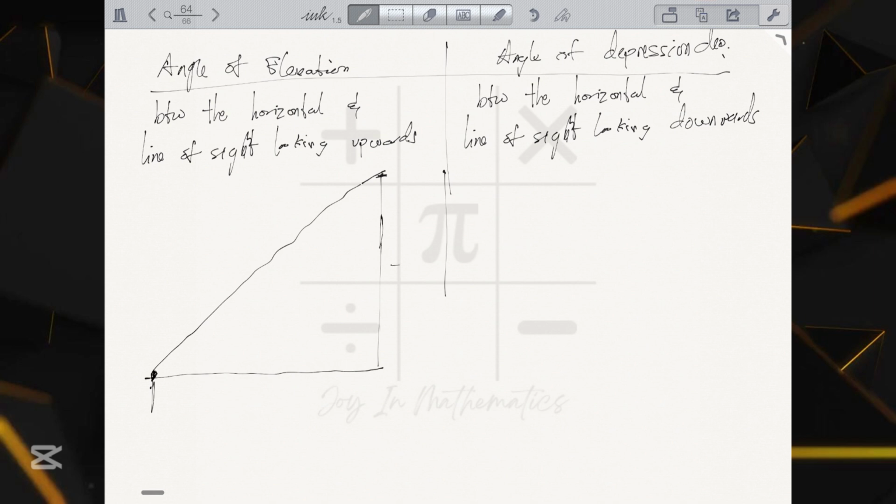Tower, distance between the tower and the person. Then the person is looking at it at an angle theta. We'll call this angle the angle of elevation, because it is between the horizontal line and the line of sight looking upwards.